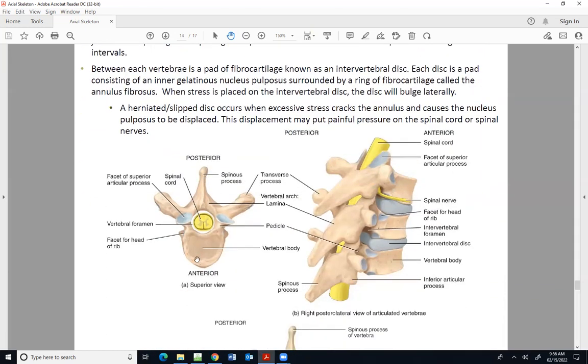Between the spinous process and the vertebral body is the opening known as the vertebral foramen. This is a hole where you can see that's where the spinal cord will be found. I don't care about you identifying the spinal cord because we're not worried about that at this point, but I do want you to know the vertebral foramen. Okay.